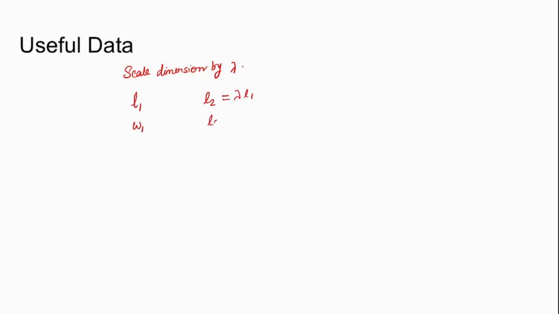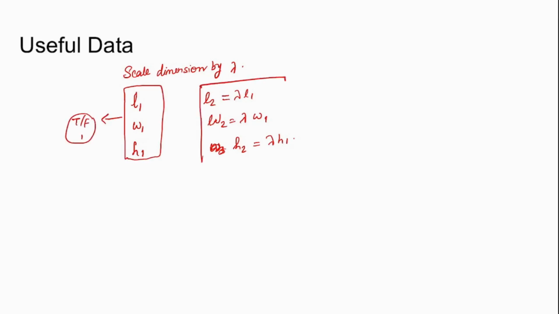If width was W1, then in second case W2 will be lambda times W1. If height was H1, then H2 will be lambda times H1. So this is for transformer 1 and this is for transformer 2.